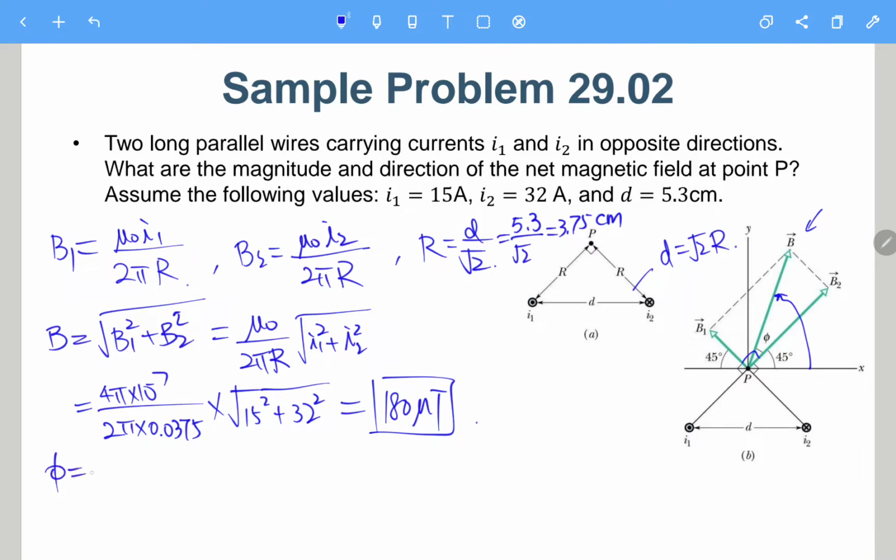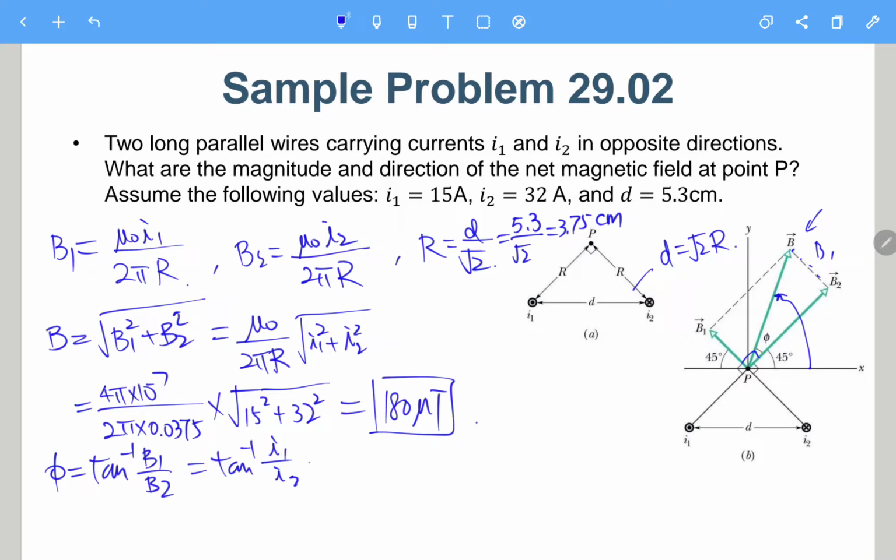So φ will be arctangent of B1 over B2, which is arctangent of I1 over I2, because all those other terms are common factors which cancel, so the only remaining term is I1 over I2.